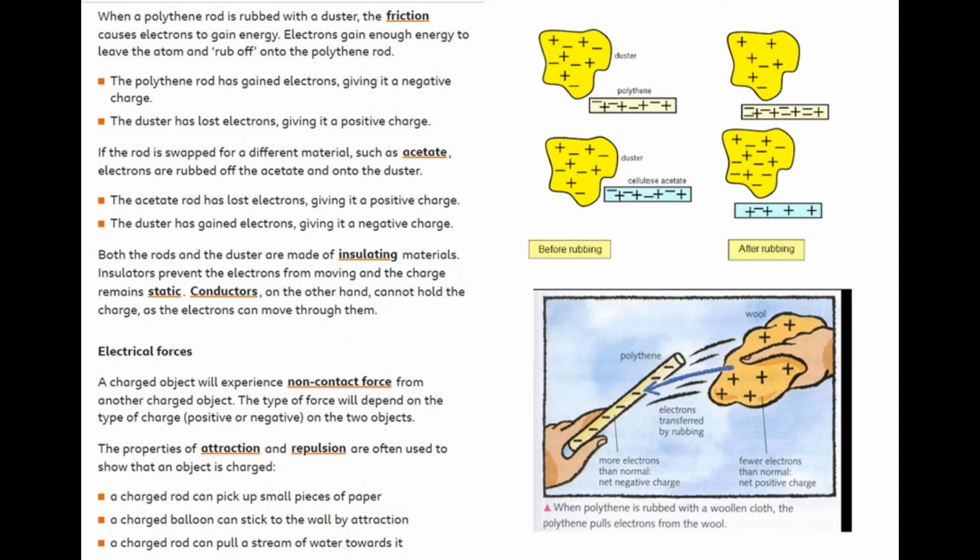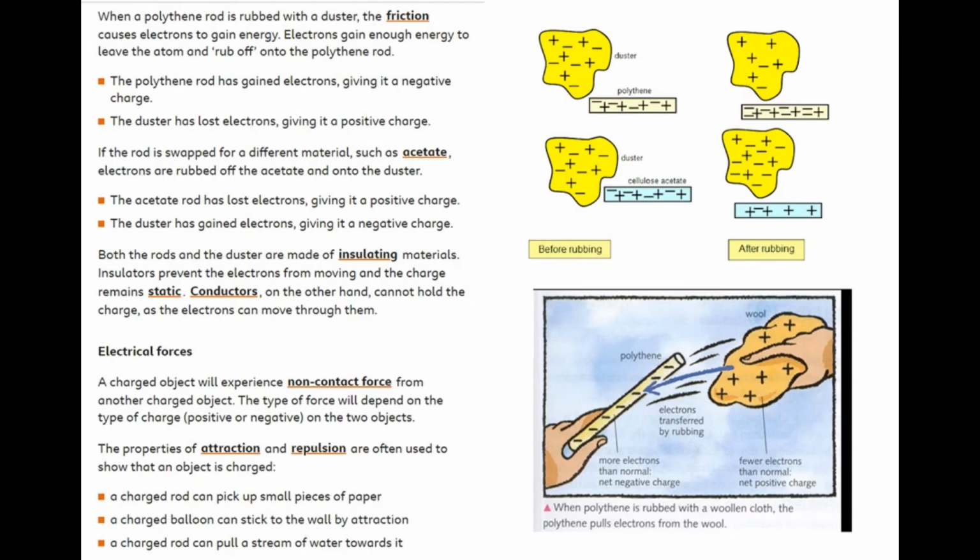Because you have two objects that are now unevenly charged, you're going to end up with an electric field. The charges are separated, so it is no longer neutral. Overall it is neutral, but if you just focus on the individual object, one object is more positive, one is more negative, so you end up with an electric field, and therefore a force.